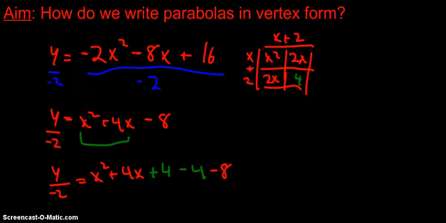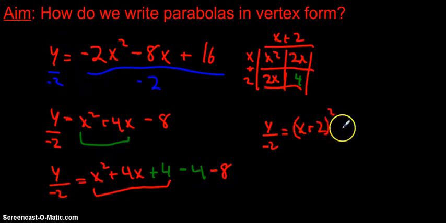Alright. Now those three terms will become x plus 2 squared. So that gives us y over negative 2 is equal to x plus 2 squared. That leaves us with a negative 4 and a negative 8, which become negative 12.